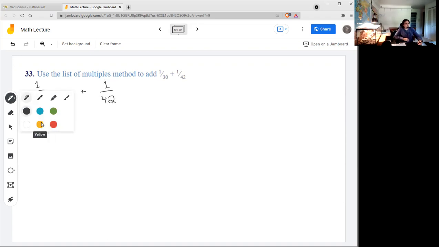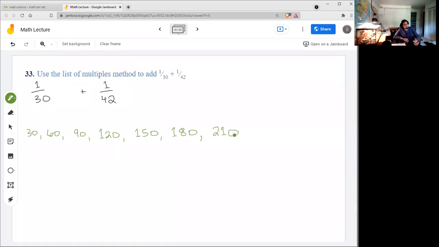So for 30, I have 30, 60, 90, 120, 150. I'm just adding 30 every time. And I'm running out of room, so hopefully that's good enough.